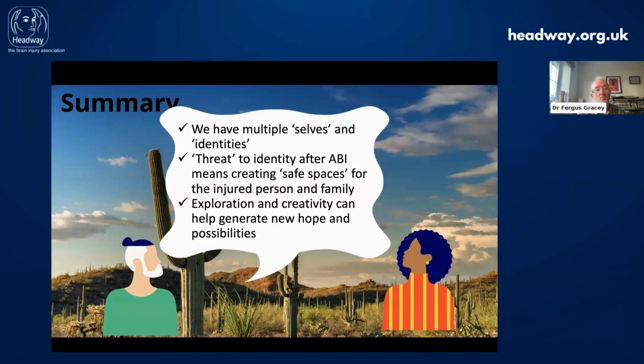It means thinking about what's continuous, what's unchanged, as well as what's changed, and using ideas about exploration, adventure, and creativity to help people generate new hope and possibilities in their lives.